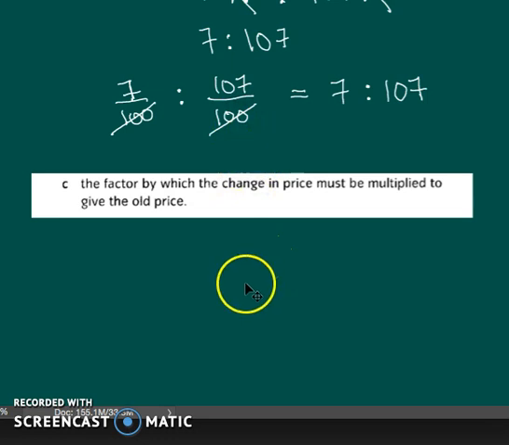There we go. The factor by which the change in price must be multiplied to give the old price. I'm just going to underline change in price, the old price.